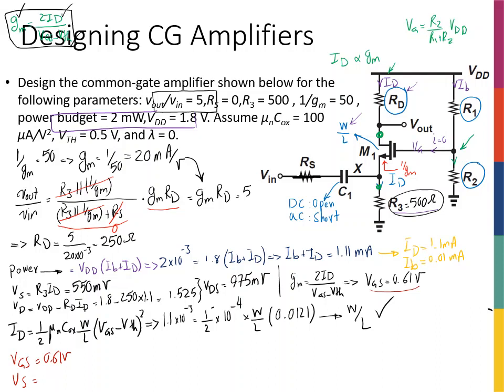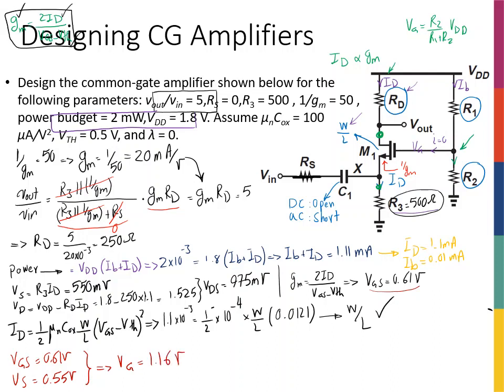So 500 ohms times 1.5 milliamp, I'm going to get the 550 millivolts. So Vs is 0.55 volts.